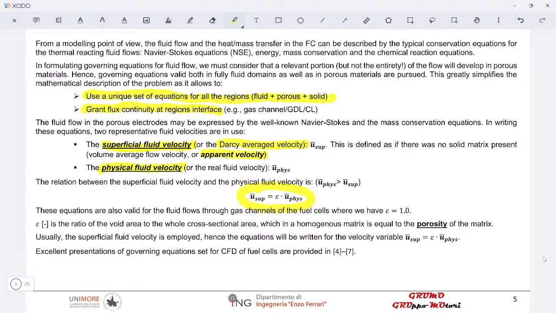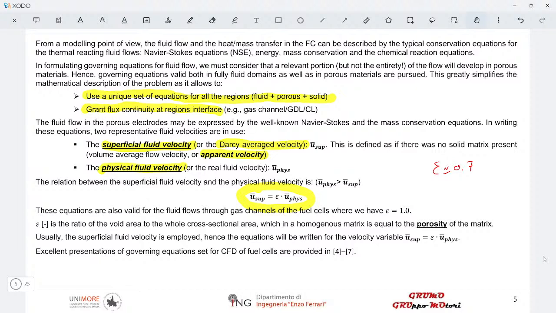So it will be a non-dimensional number between 0 and 1. So 0 means everything is solid, 1 means everything is fluid. So it's basically a volume averaging. And just to give you a reasonable number that we will use for GDL modeling, epsilon is in the range of 0.7 in gas diffusion layers. So 70% of the volume is available for the fluid, roughly speaking.